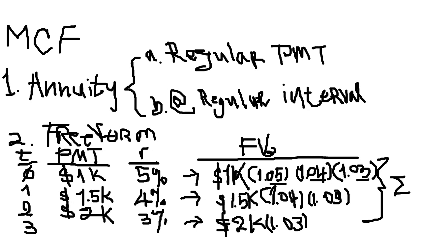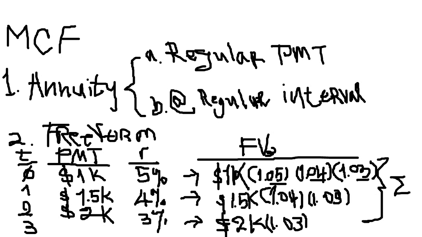But think about it. This is what I call free form because it's irregular. I mean, you're free to deposit whatever amount at whatever point. You don't even have to make that deposit in year two.